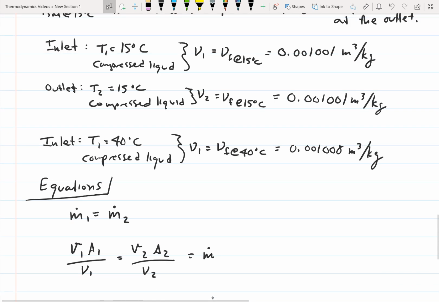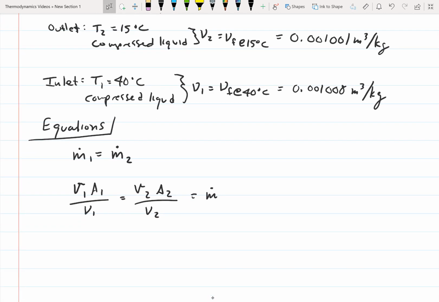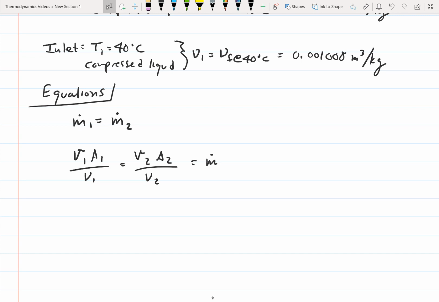Let's start with V1, the velocity at the inlet. The mass flow rate is equal to V1 A1 over v. We know the mass flow rate because it was given, we know the area because we can calculate it from the diameter, and we know the specific volume because we looked it up.